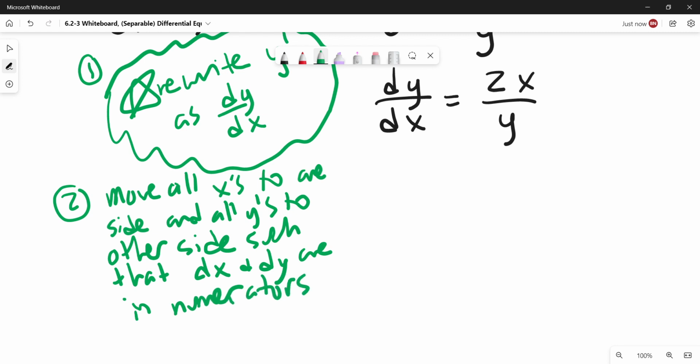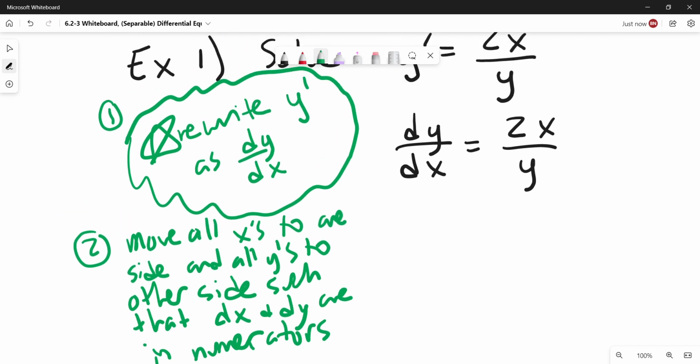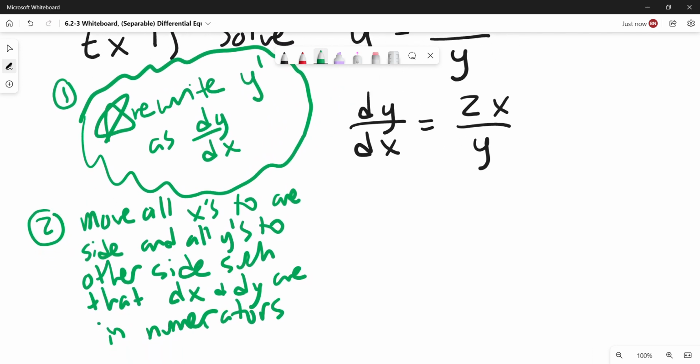Okay, so like here, our dy is going to have to stay on the left side because it's already in the numerator.